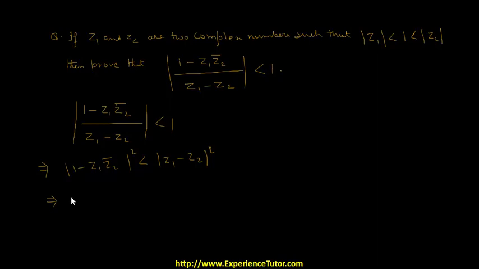we'll get (1 − z1 conjugate of z2)(1 − conjugate of z1 z2) less than (z1 − z2)(conjugate of z1 − conjugate of z2).